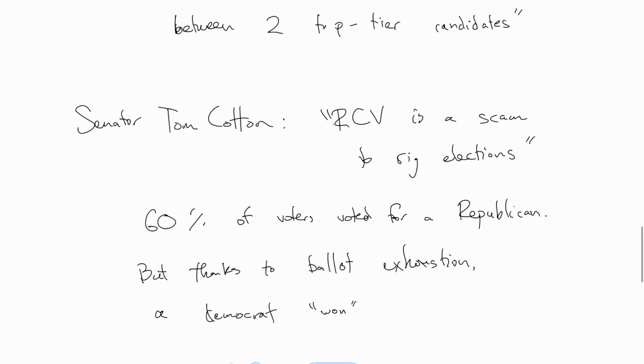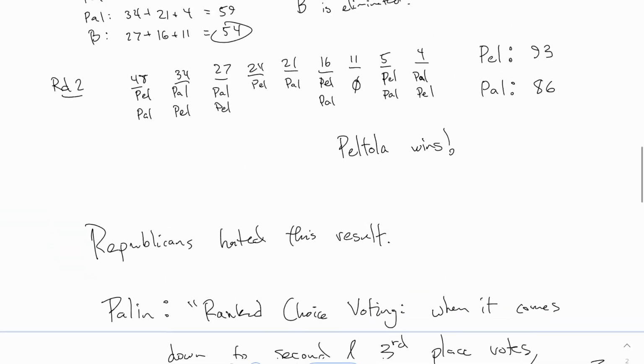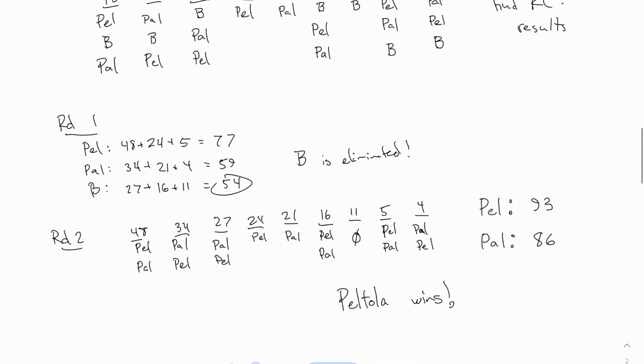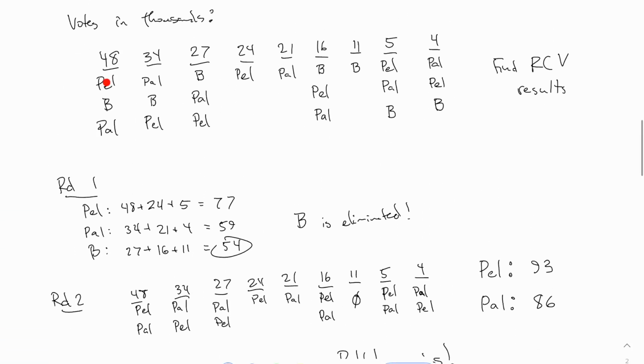If we look at the numbers here, and you can see this summary, this is who put various people at the top of their list. 77 people put Peltola on the top, which is a Democrat. This many people put Republicans on the top. That's actually a lot more than 77, right? It is true.